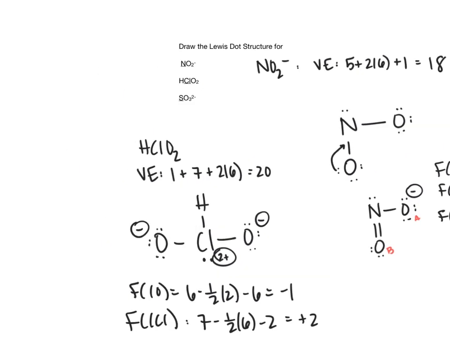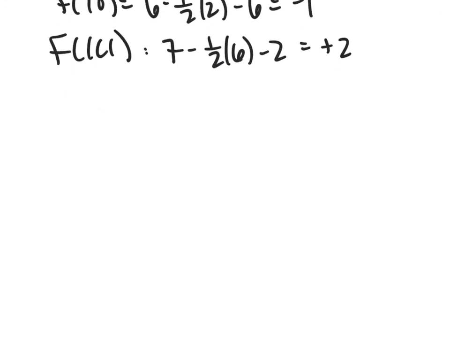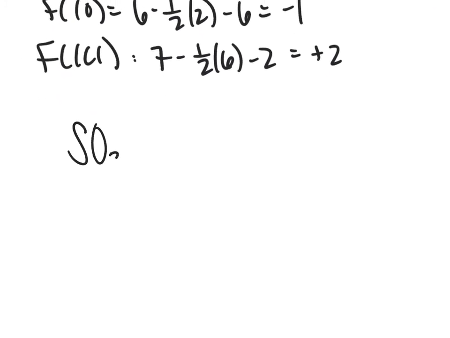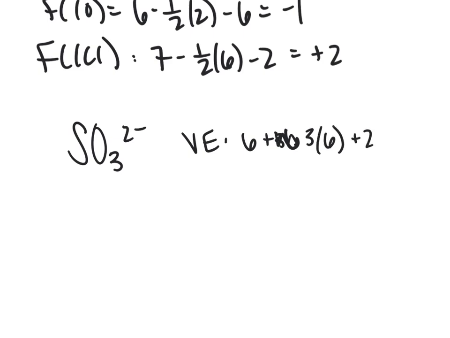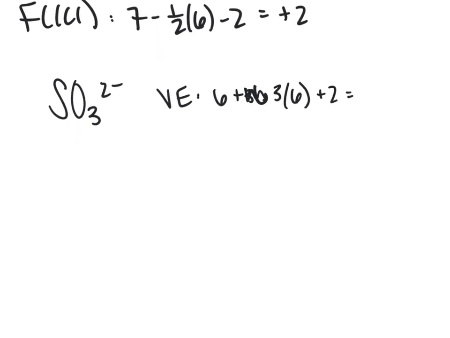The last one we have is SO3 2 minus. Our valence electrons are 6 plus 3 times 6 plus 2 for our charge. So 6 times 4 is 24, 26.